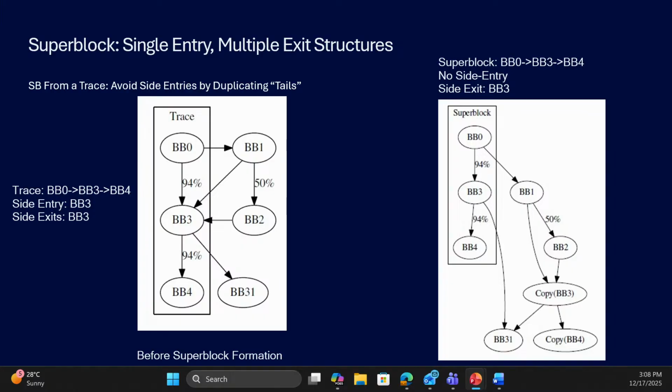Now, are we convinced that this is a super block and not a trace? Why is this not a trace? Yes, there is no side entry. The control can start only from BB0. But what are the other side exits?